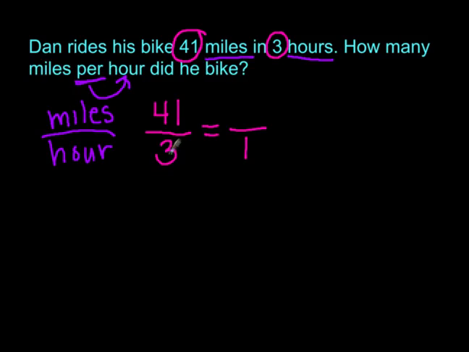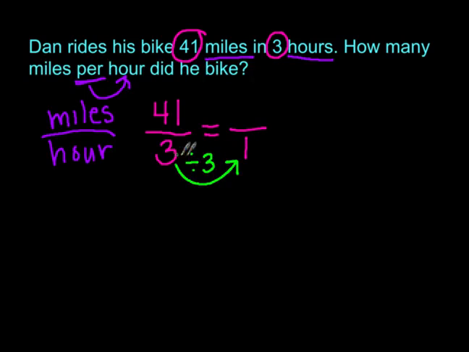The first thing I need to look at is my two bottom numbers. Because I have two numbers that are filled in, I can use this to solve the rest of my problem. I need to ask myself, how do I turn a 3 into a 1 using either division or multiplication? The answer here is that I'm going to divide by 3. 3 divided by 3 gives me 1.